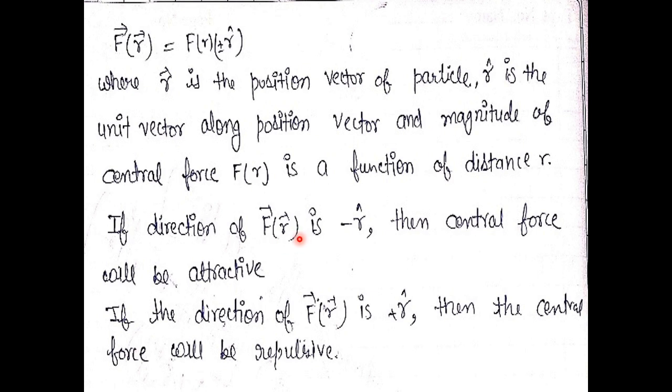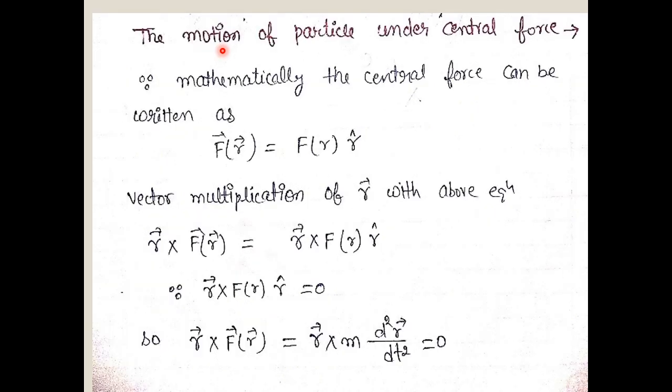If the direction of F is minus r cap, then the force will be attractive, and if the direction of F is plus r cap, then the force will be repulsive. So the meaning of the plus minus sign is repulsive and attractive.